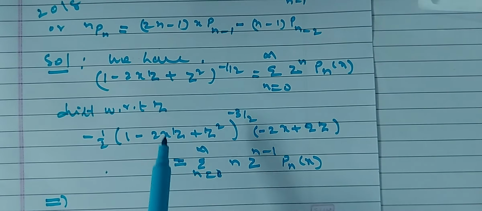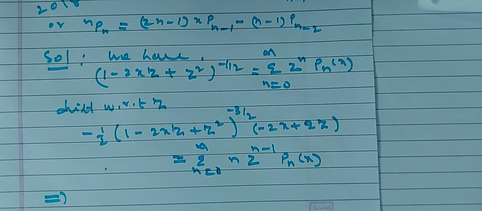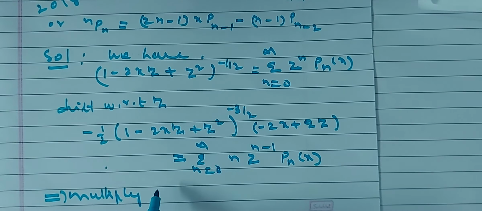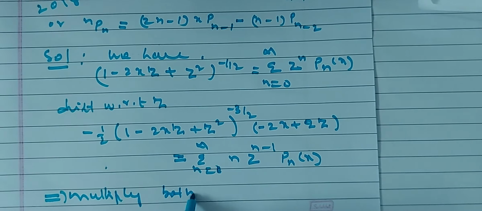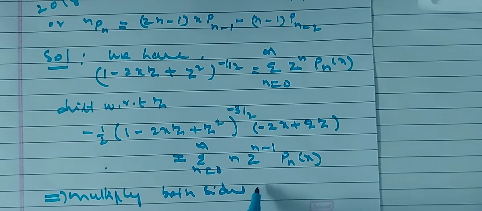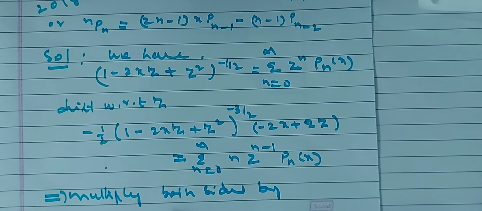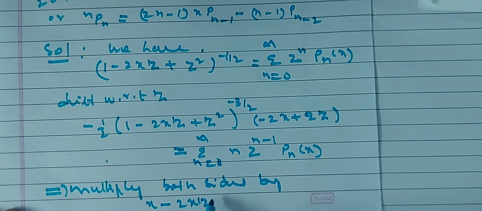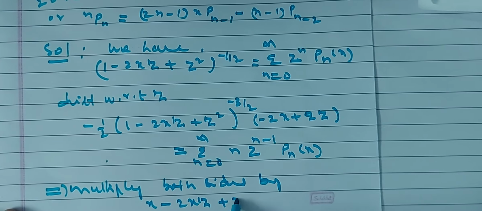Next, after differentiation with respect to z, multiply both sides by 1 minus 2xz plus z square.